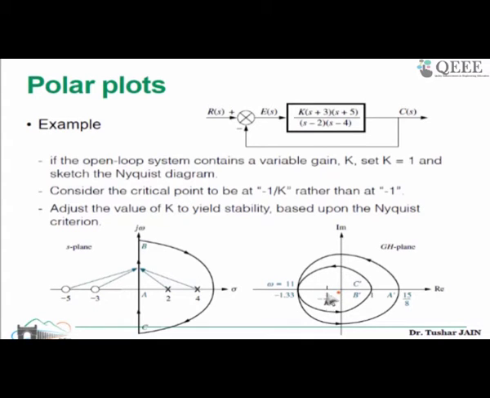Once you start increasing or decreasing the value of k, you would see that this point is either not encircled at all or encircled two times. If it is not encircled for some particular value of k, your system is unstable, because for stability there definitely should be two encirclements in the counterclockwise direction.